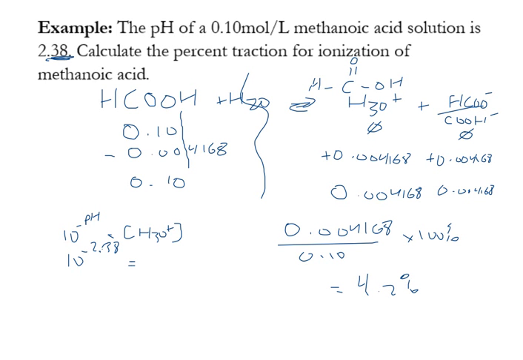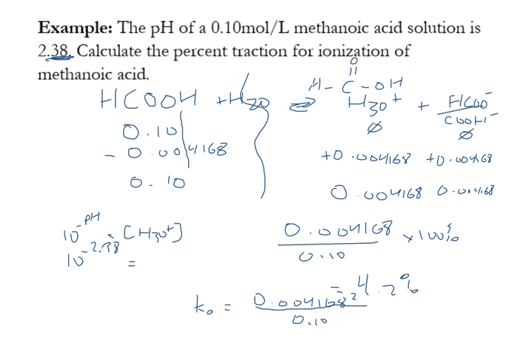However, I want to do one more thing while I'm finishing things up, and then we'll call it a day. We should also be able to calculate a Ka value for this, because the Ka value would be these two right here divided by this one. So it would have been 0.004168 squared, because there's really 2 of them here, all divided by 0.10.